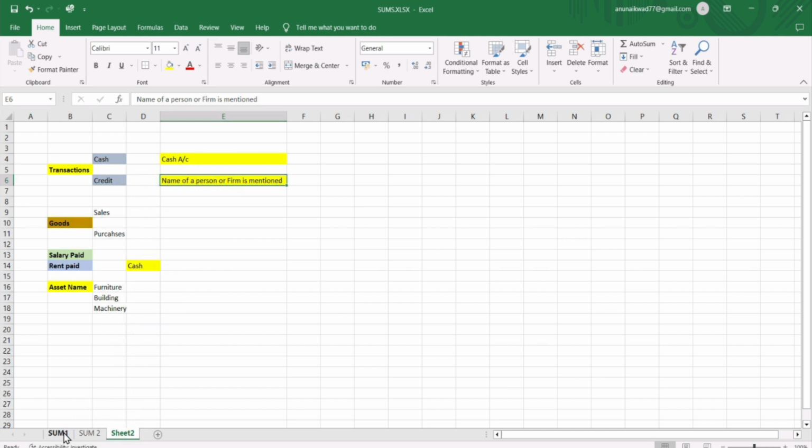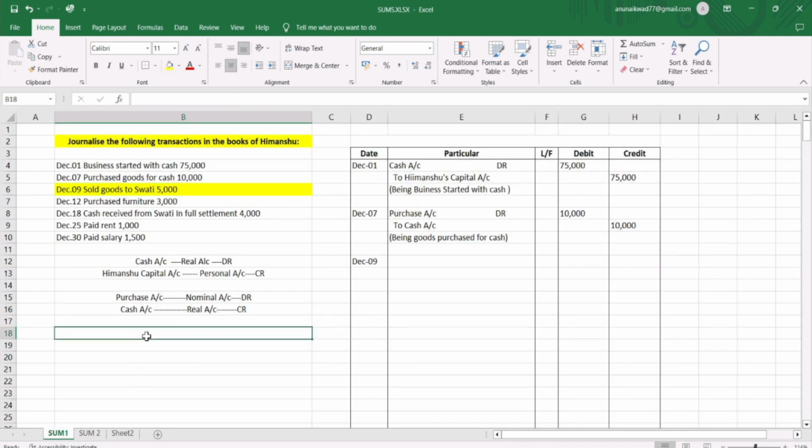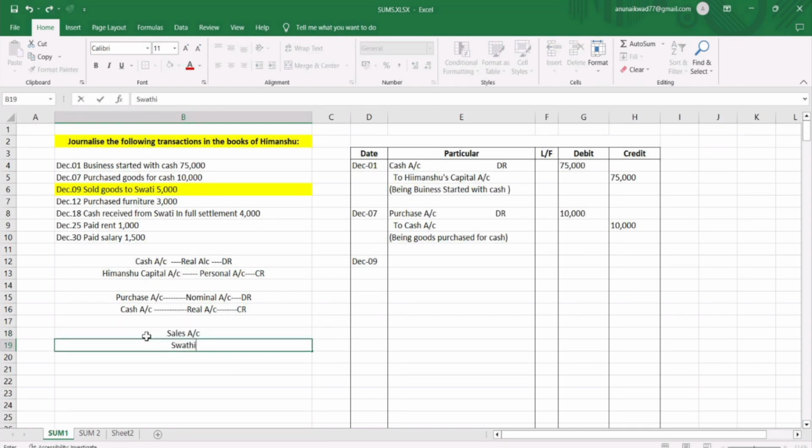That is here sales account and Swati's account are affected. So what is our sale? Sale comes into nominal account because it is the income, and Swati is a person, comes under personal account.